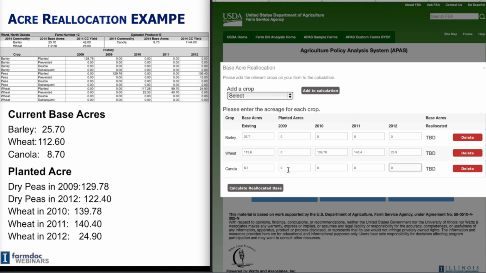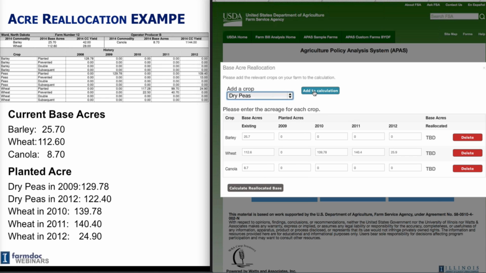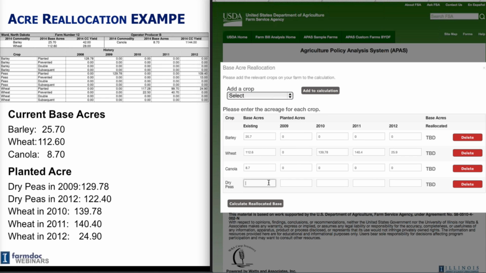So again, Gary's just entering the current base numbers for barley, wheat, and canola, and then entering the planted acres from the 2009 to 2012 history. In current base, the only crop that was planted that had current base was wheat in this example. And then we've added dry peas because even though it doesn't have current base, it was a crop that was planted from 2009 to 2012.